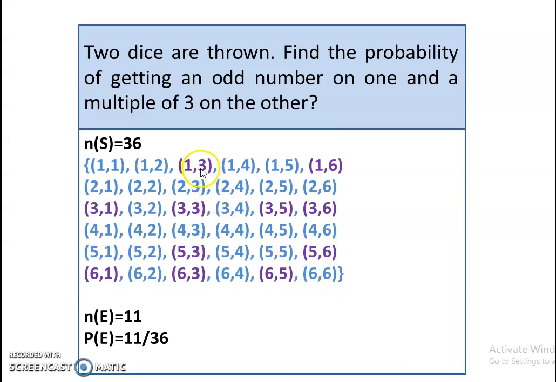So in total we have 1, 2, 3, 4, 5, 6, 7, 8, 9, 10, 11. So 11 outcomes are in favor of event, and here event is getting an odd number on one and multiple of 3 on the other. So probability will be 11 upon 36 of getting an odd number on one and multiple of 3 on the other, right?